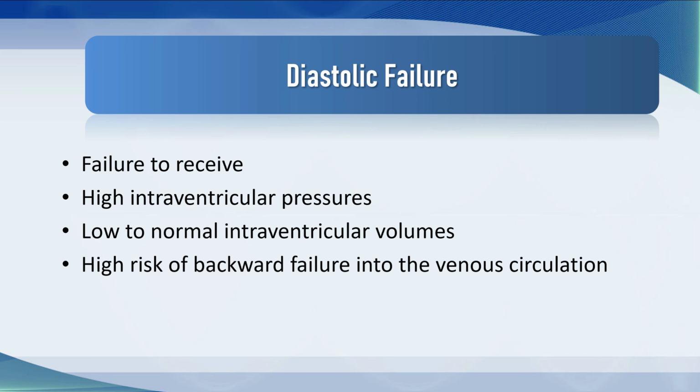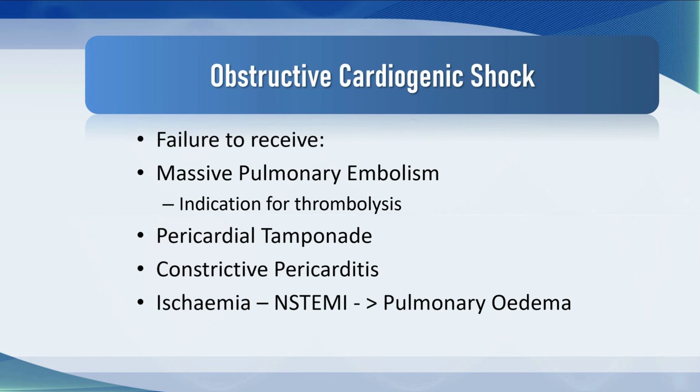Diastolic heart failure is failure to receive, and it's associated with high intraventricular pressures with low to normal intraventricular volumes. There's a high risk of backward failure into the venous circulation, and that often is demonstrated by high central venous pressure. Obstructive cardiogenic shock is failure to receive, and it's seen in several different situations.